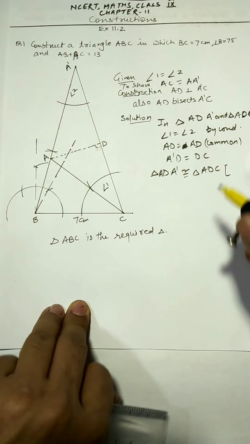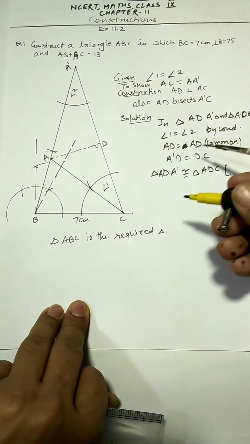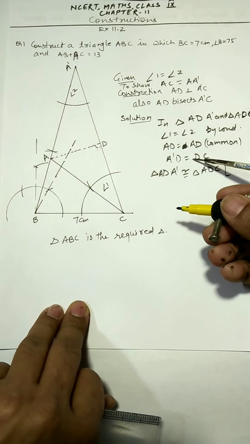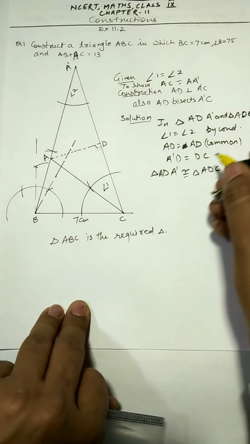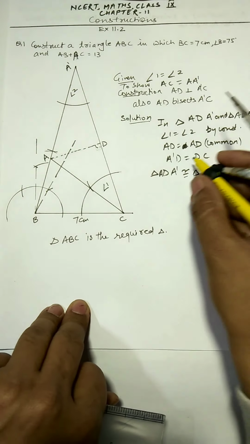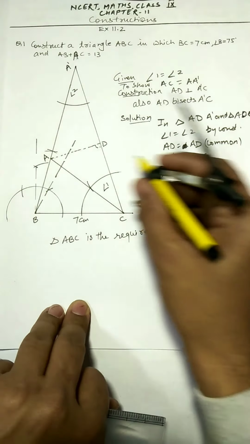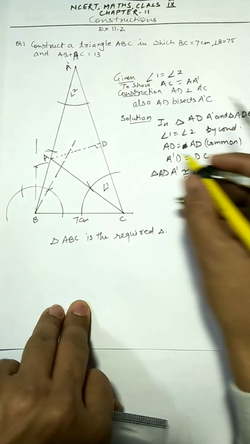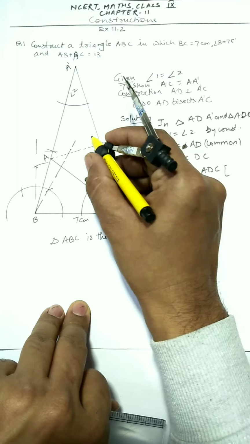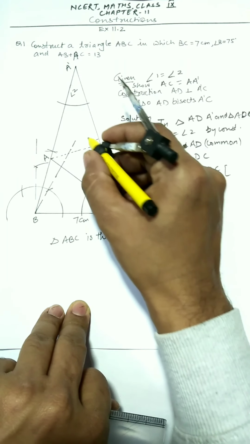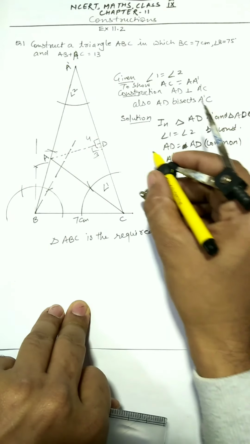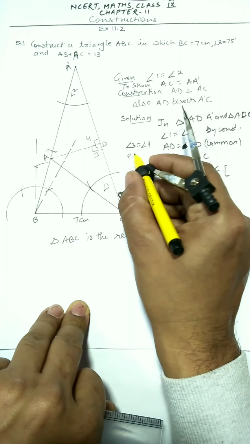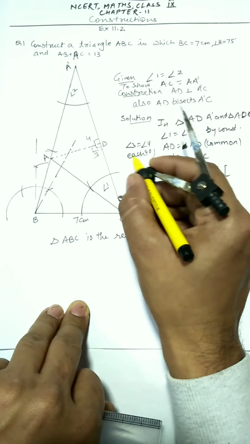So the rule is, AD is common, one side is common, and one angle is taken. We are not getting a criterion yet, so we can take one more, which is the 90 degree angle. Let's say this angle is 3 and this is 4. So angle 3 is equal to angle 4, each 90 degree.